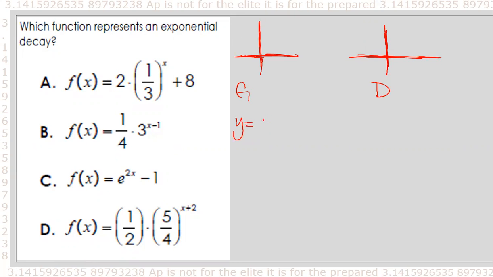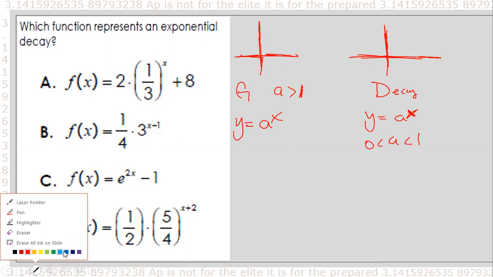Exponential growth happens when we have the base A, the number A, bigger than 1, okay? And decay happens when we have the number A that is less than 1 but bigger than 0. So we have these graphs right here.